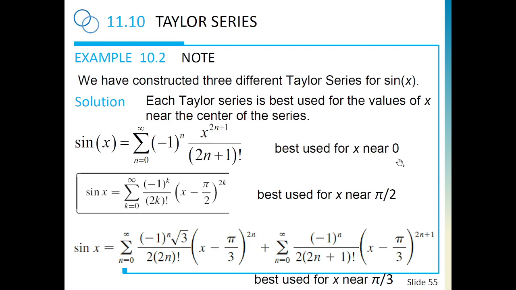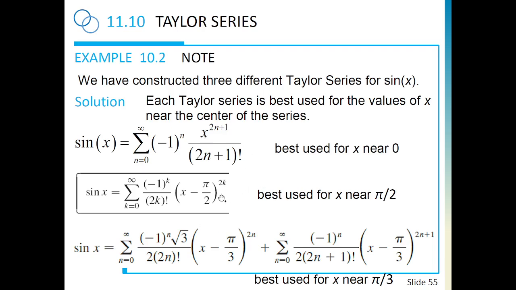So let's say you want to know what is sine of 0.2. Well, it's better to use this expression, and instead of x you plug in 0.2, and then you take a certain number of terms and you get an approximation. More terms you take, better the approximation, obviously.